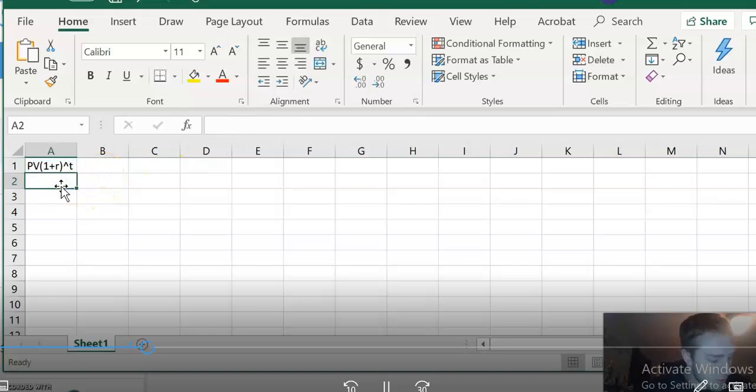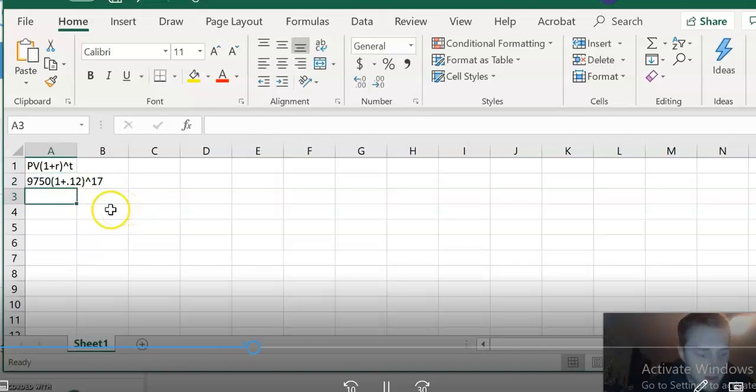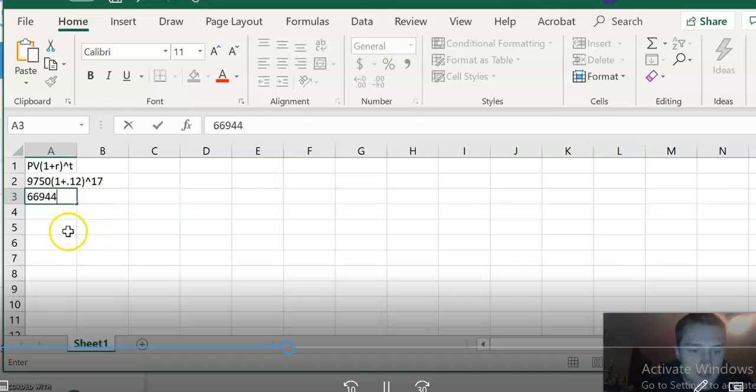So it goes 9,750 times 1 plus the interest rate, which is 12%, so 0.12, raised to the time, which is 17 years. And then it comes out to be $66,944 after that 17-year time frame.